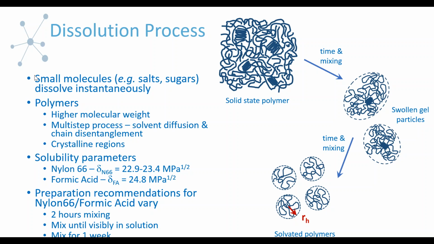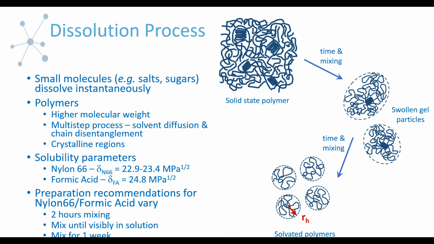If you think of when you make a salt solution or a sugar solution, these are small molecules positioned on a lattice, and they dissolve, if not instantaneously, quite quickly. Within a few minutes, it's clear that everything has gone into solution, particularly if you add some mixing or agitation. However, when you consider polymers, these have a much higher molecular weight, and the dissolution is now going to be a multi-step process.